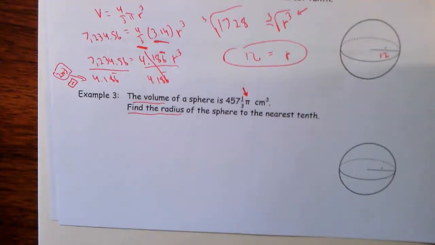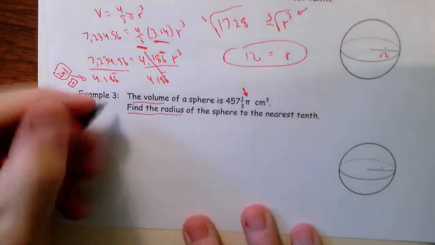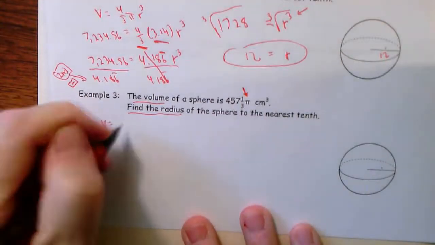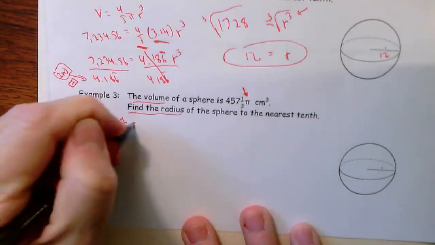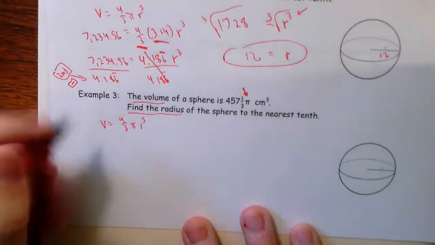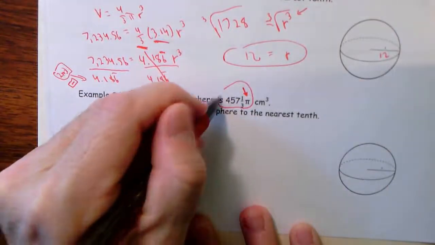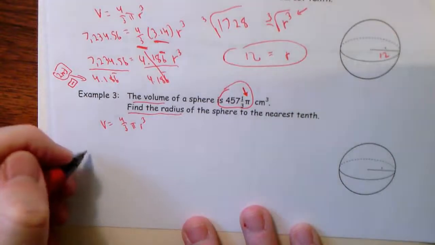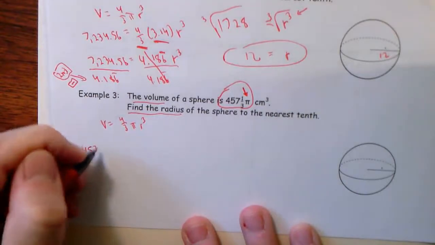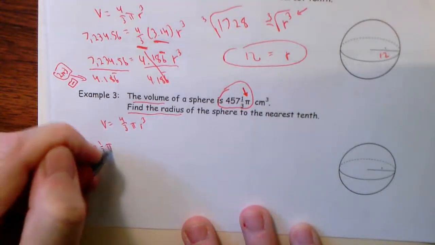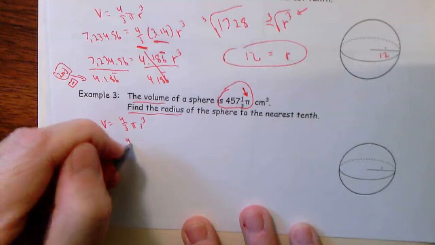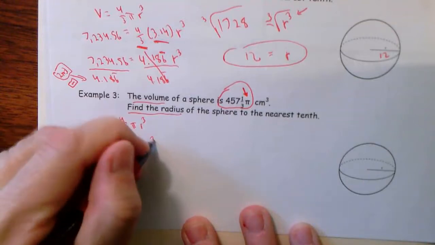So when you go to find the radius, you're going to go to your typical equation, volume equals 4/3 pi r cubed, and you're going to substitute this amount in for the volume. So that would be 457 and 1/3 pi equals 4/3 pi r cubed.